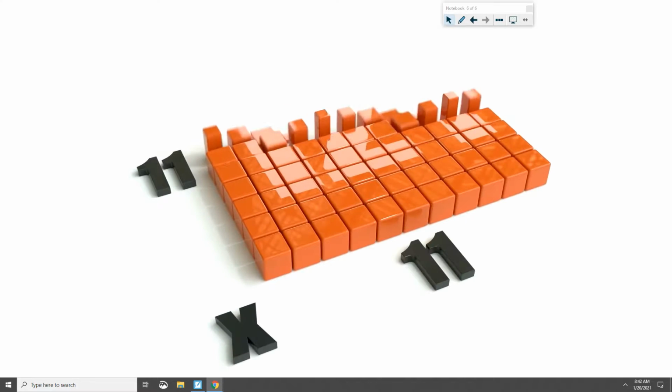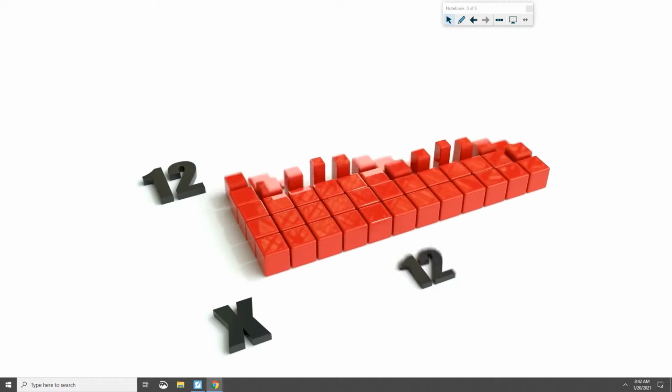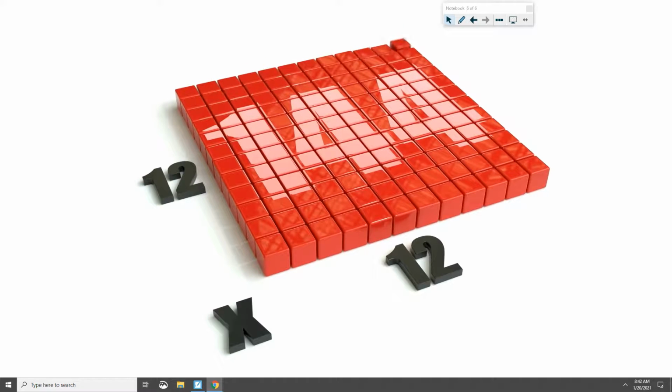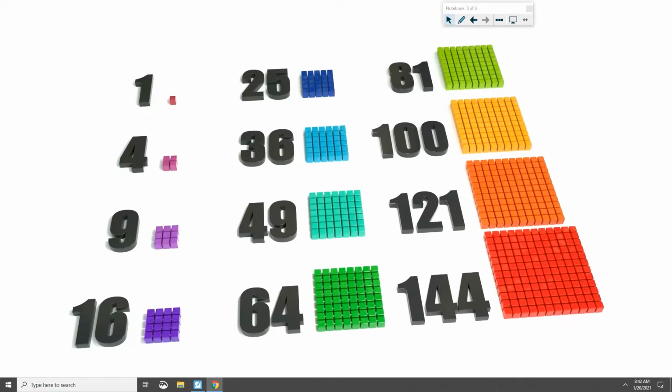11 times 11 is 121. 12 times 12 is 144. We are square numbers.